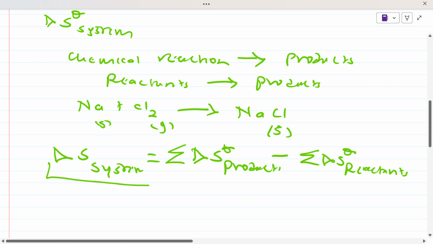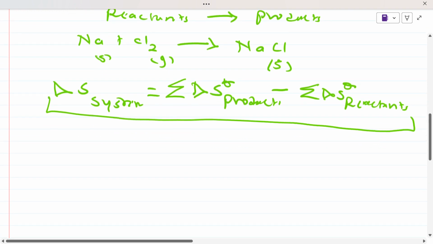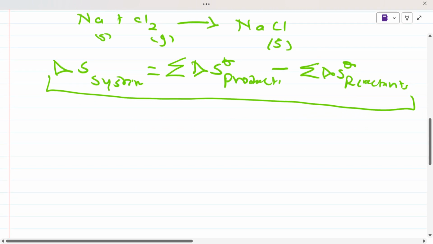This is the formula that we are going to use in calculation of entropy of a system.